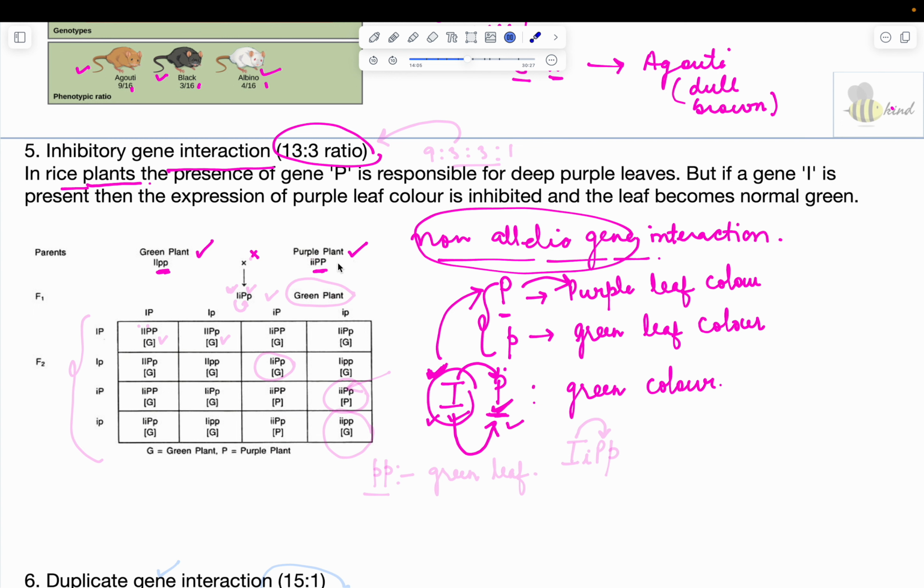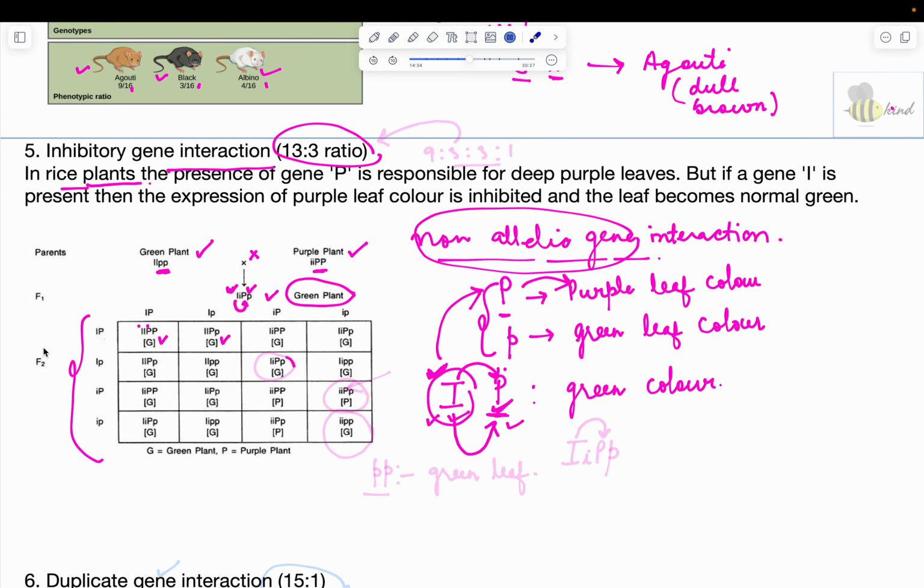Now mating was done and a hybrid was produced. This is green because there is a dominant I present along with dominant P, so I has inhibited the effect of P. When selfing was done, these were the possible offspring. This is green because dominant I is present with dominant P allele.